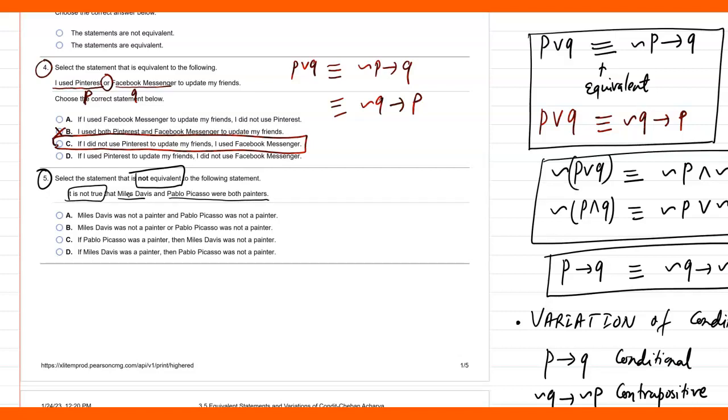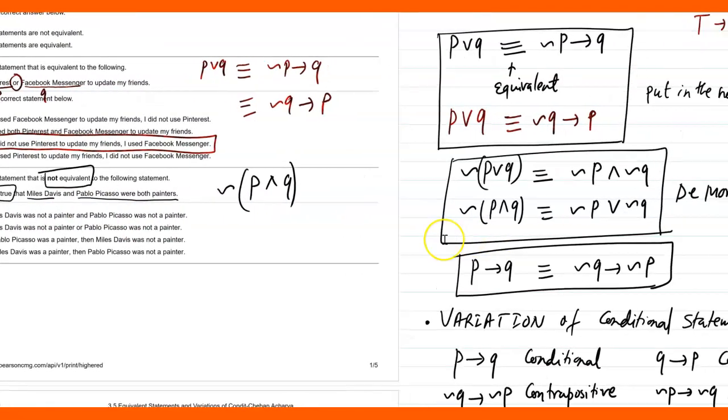Notice that if you try to write the symbolic form, the symbol for it is not true that is this tilde, and Miles Davis and Pablo Picasso were both painters. Therefore, P is Miles Davis was a painter, and Q is Pablo Picasso was a painter, right? That's the symbolic form of the statement.